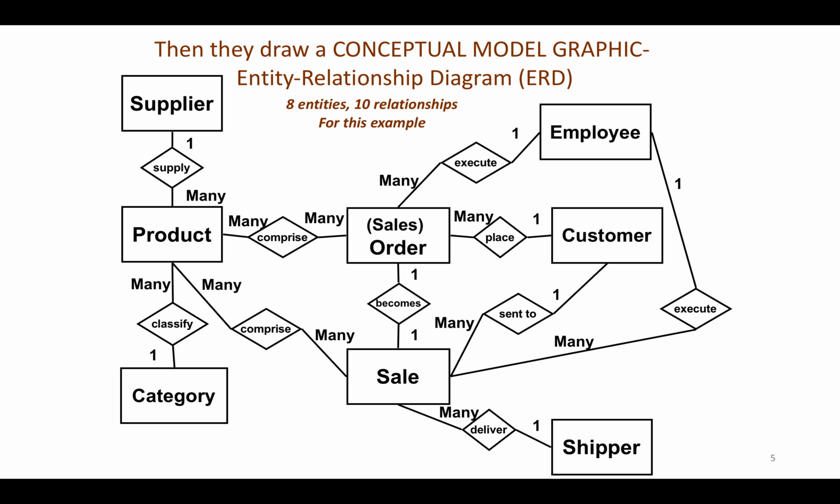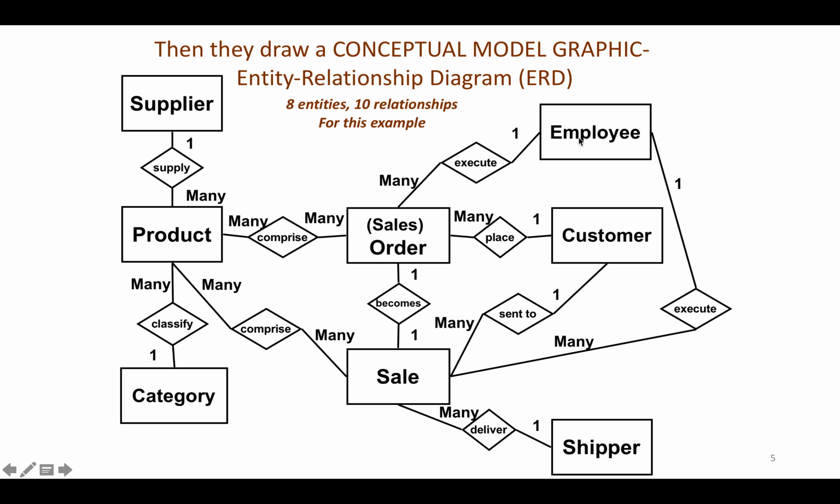Here is the ERD, or the entity relationship diagram, that I spoke about a minute ago. This is the conceptual model of our BA342 business. As you can see, these boxes, or these rectangles, represent entities. The entities are things that we want to collect data about.